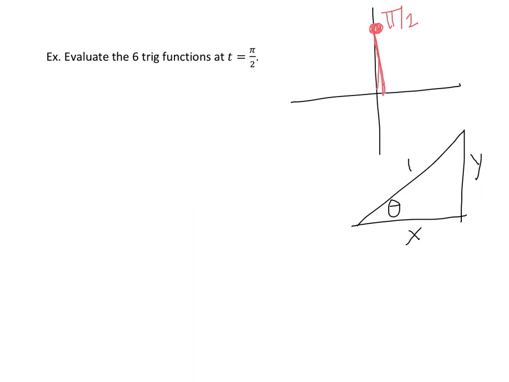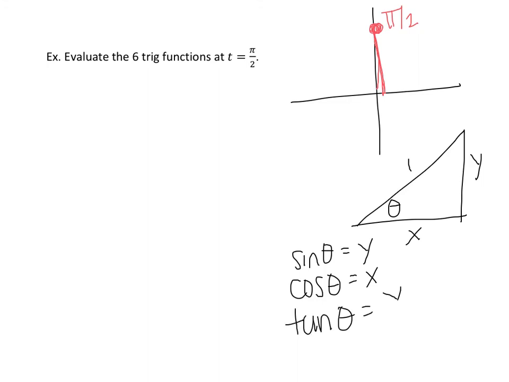Sine of theta is opposite over hypotenuse, which is just going to be y. Cosine theta would be adjacent over hypotenuse, or x. Tangent theta would be opposite over adjacent, so y over x.